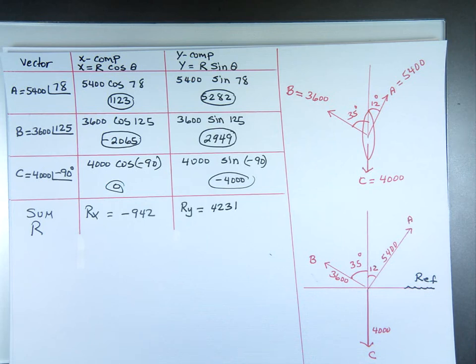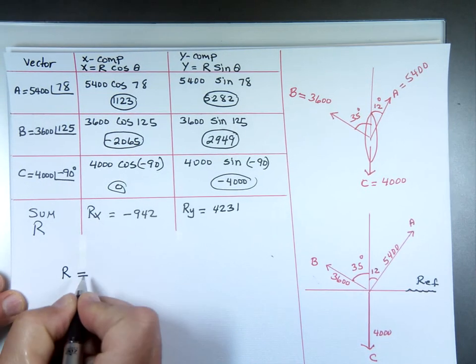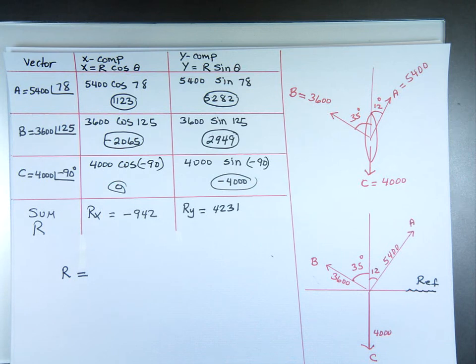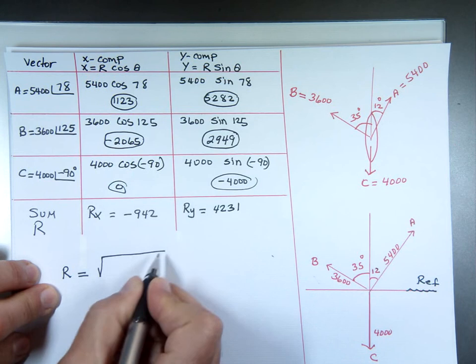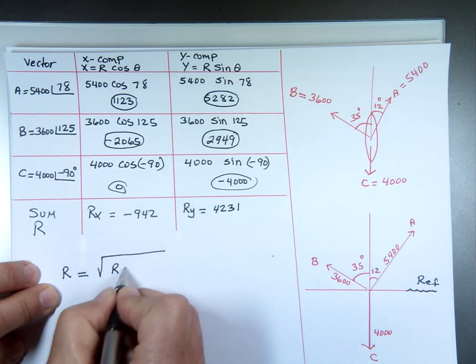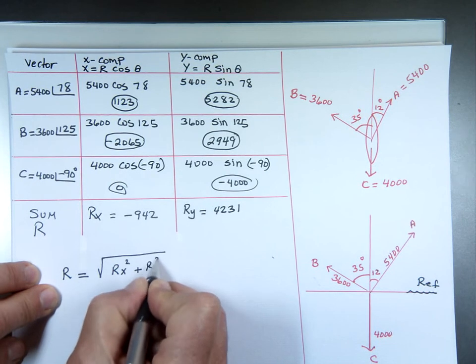So now we're almost done. Let's see, how do you find R? I'm trying to find R and theta. That's the square root of what? R sub x squared plus R sub y squared.